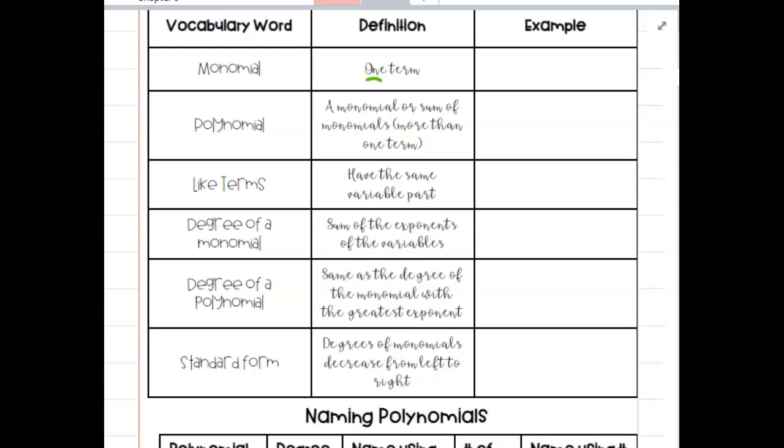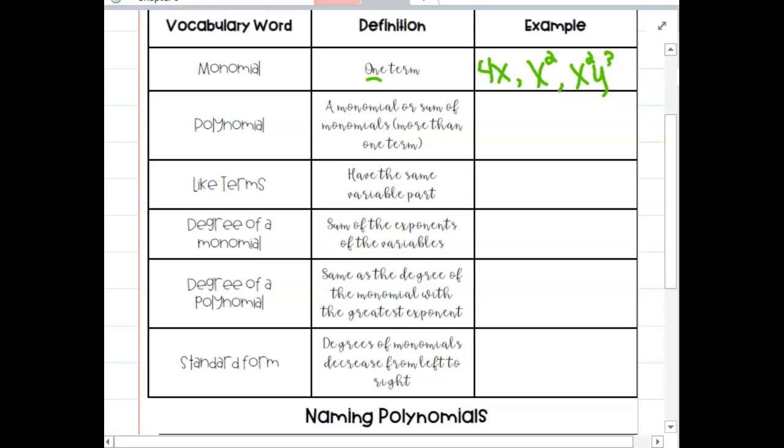By one term, I mean something like 4x. I know there's a 4 and an x there, but they're attached together. It could be something like x squared, or something like x squared y cubed, one term.